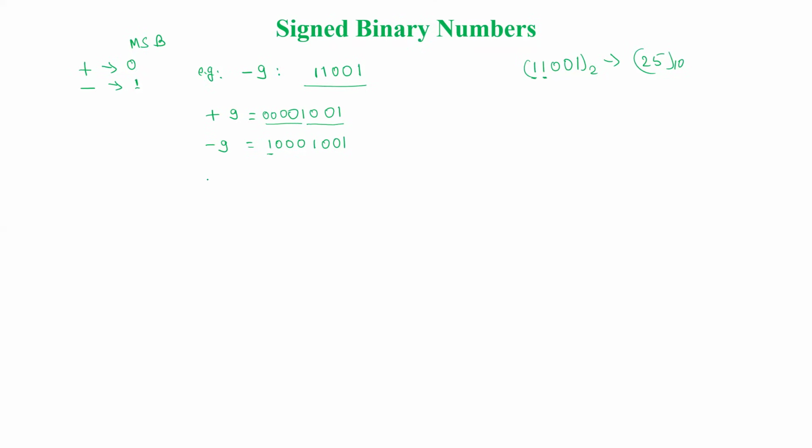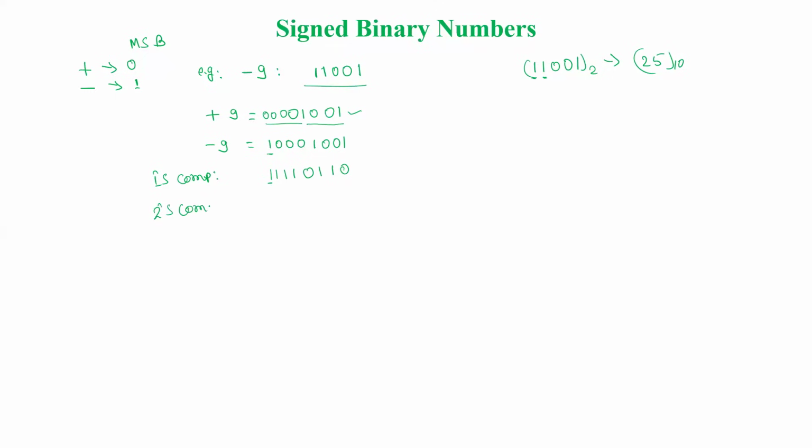It can also be done with the help of 1's complement as well as 2's complement. So if you take the 1's complement of positive 9, what do we get? 1 will change to 0, 0 will change to 1, 0 changes to 1, 1 to 0, and the remaining 4 bits of 0 will be changed to 1. So again, the MSB bit is 1. The computer is going to understand this as a negative number, and here we have the 1's complement.